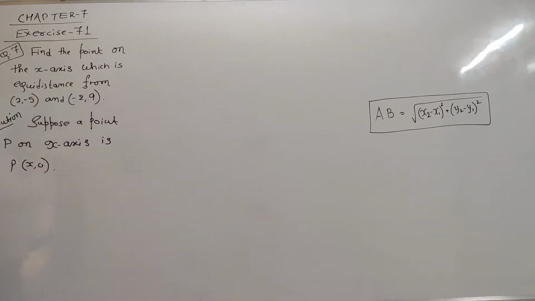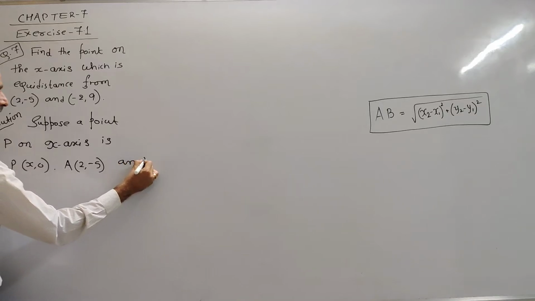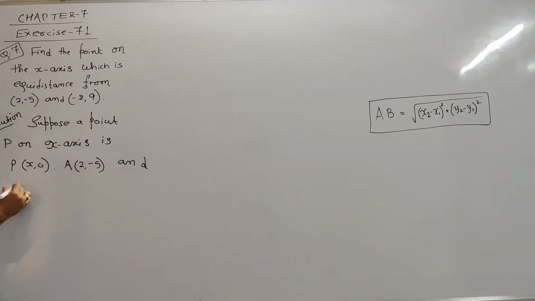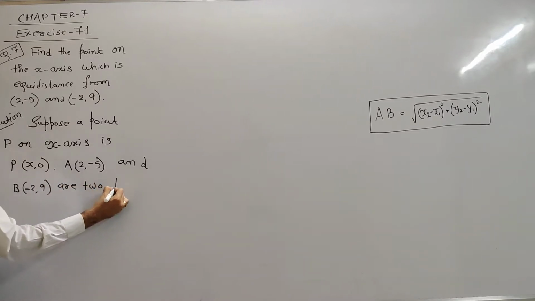Now 2 points are given to you: A(2, minus 5) and B(minus 2, 9).